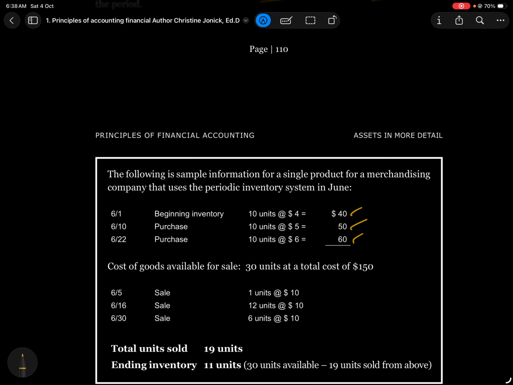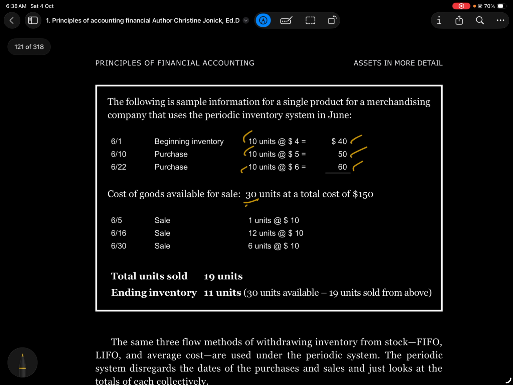That's our goods available for sale, right? Of course, it can't be more than 30 units, because we purchased 10 units, then 30 units, right?